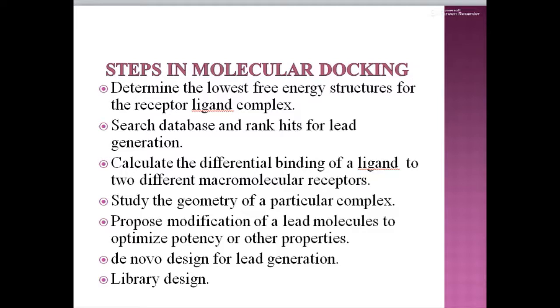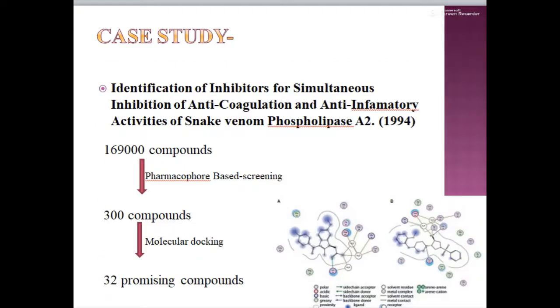Now I'll give you a case study so you will have an understanding. The identification of inhibitors for simultaneous inhibition of anticoagulation and anti-inflammatory activities of snake venom phospholipase A2. In snake venom, there is one enzyme present, phospholipase A2. Now if you want to find anti-venom compounds, you have to inhibit this particular enzyme.